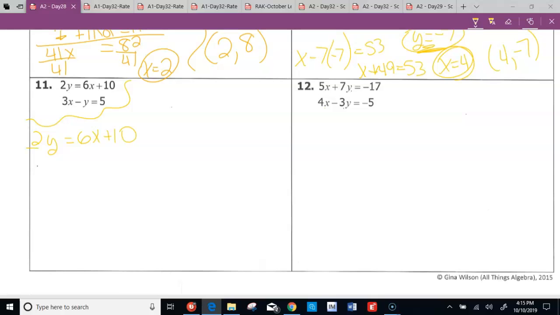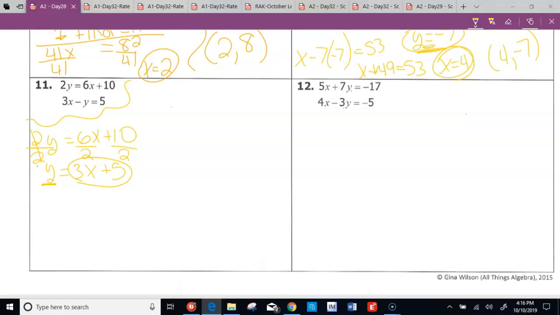So I have 2, 6, and 10. All those can be divided by 2. You can only use this trick if every number is divisible. So 2 divided by 2 gives me y, 6x divided by 2 gives me 3x, and positive 10 divided by 2 gives me a positive 5. So now I have a nice equation with one variable, y equals 3x plus 5.